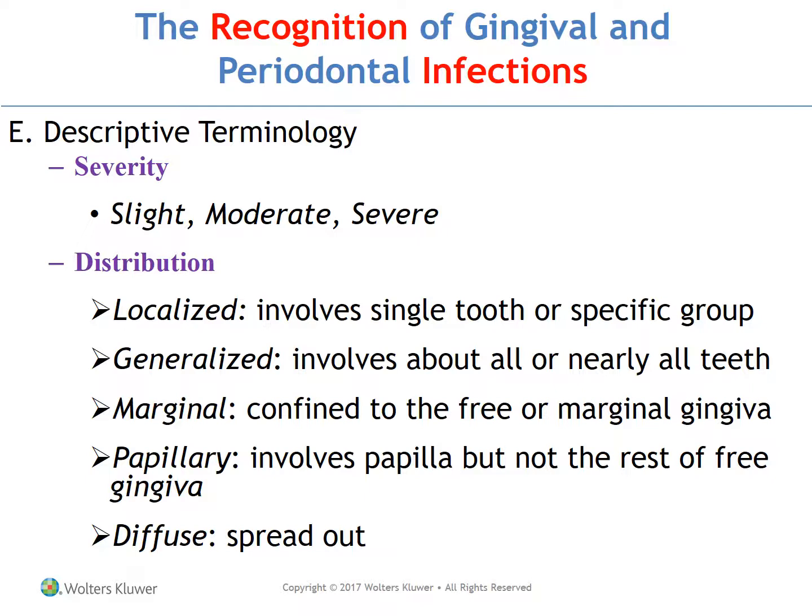So we could say generalized papillary inflammation. Or we could say generalized diffuse bleeding or diffuse exudate, diffuse inflammation, meaning it is everywhere in the free gingiva, in the gingival margin, interproximally, everywhere, okay?